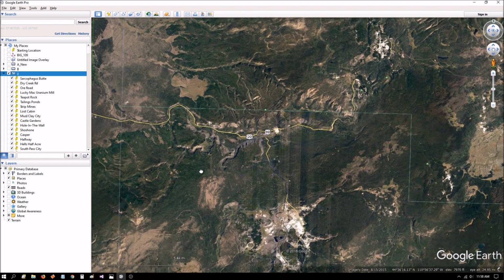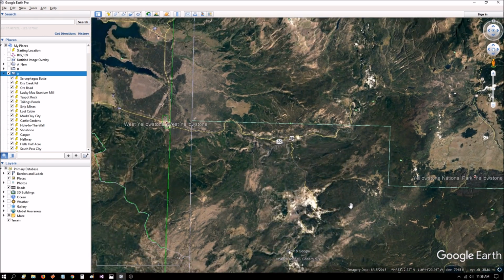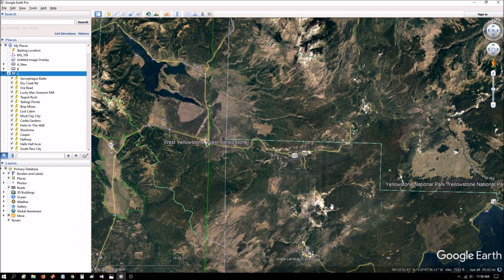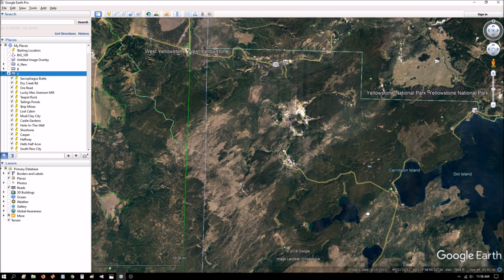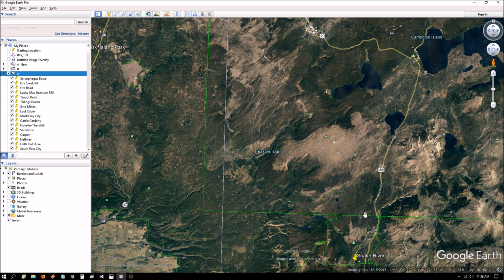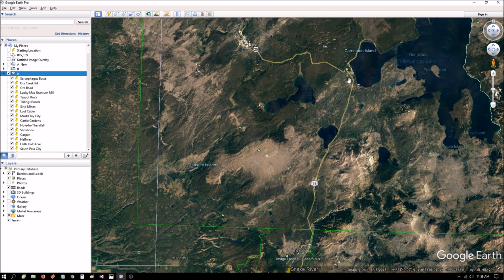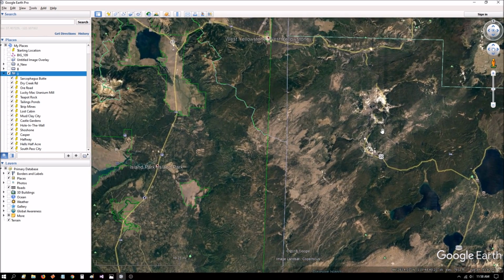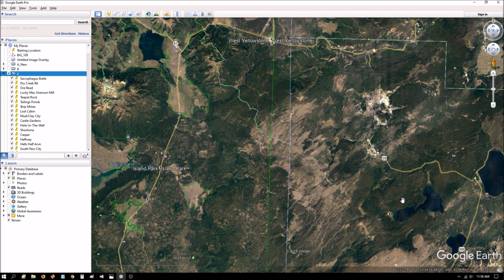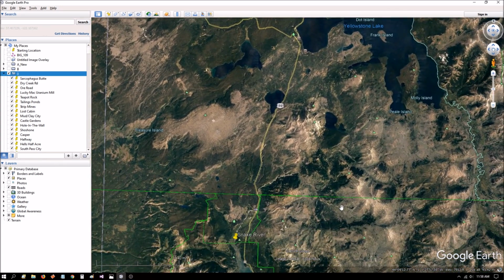Now, 287 has only one split in it, and that split happens in Yellowstone. It's split here, and it's split at the south exit, which is over here. Okay? So if you were going to head back to Texas, you would go down here, you would exit from Madison Junction. The other way would be heading north, right? So I went down, and that's where my warm waters halt was.